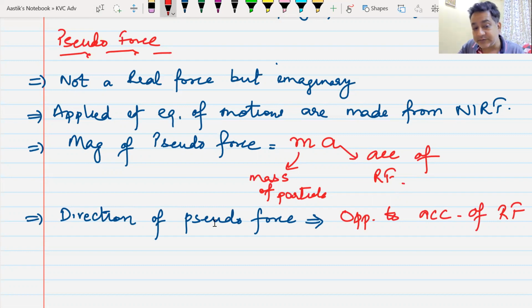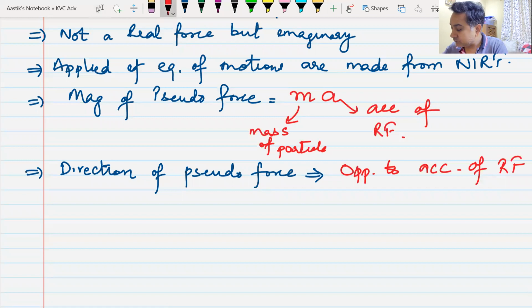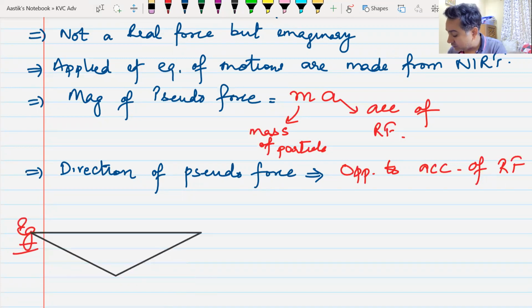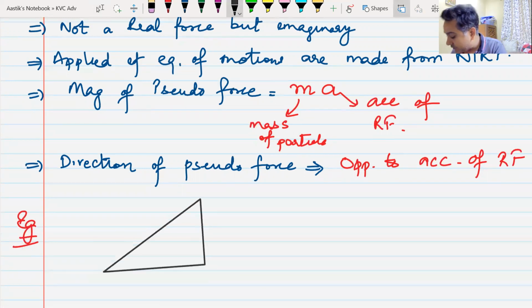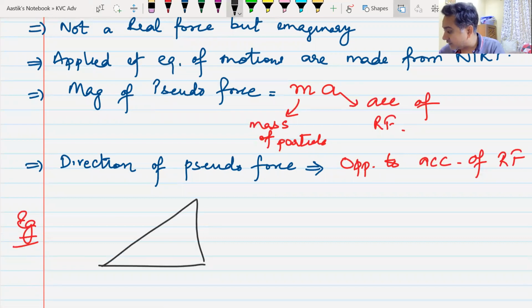So, for example, I have this reference frame, which is a non-inertial one. I have not drawn it correctly. Let me draw it correctly.